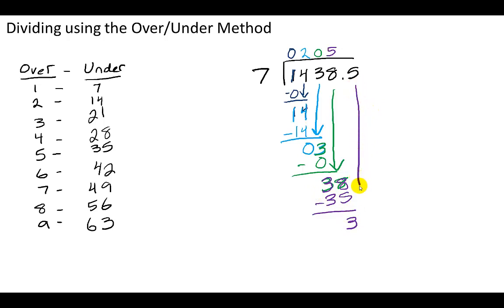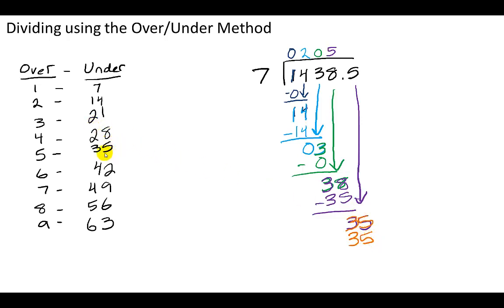I bring down 5. And now we're looking at the over-under list for 35. So on the under list, 35 shows up. So that is equal to 35. So I'm going to write 35 underneath the 35.